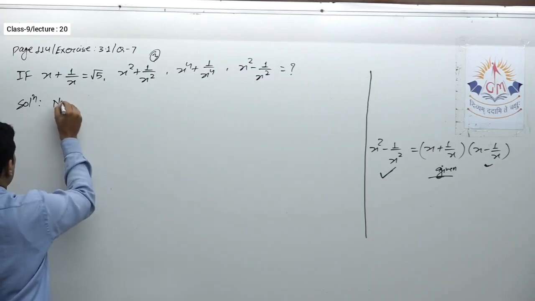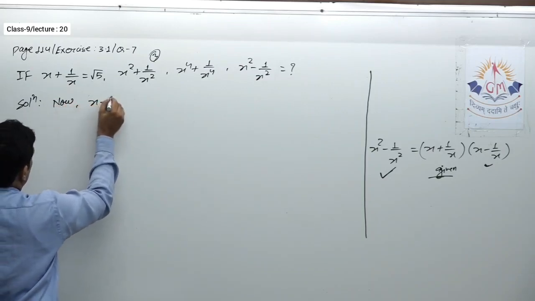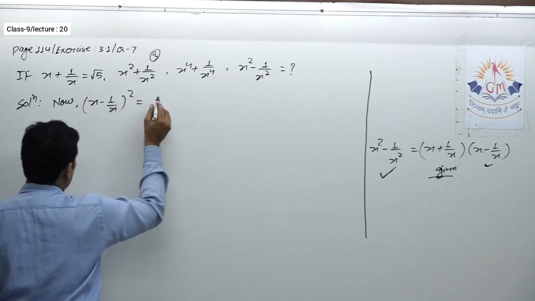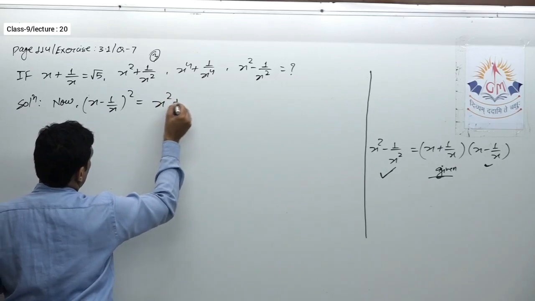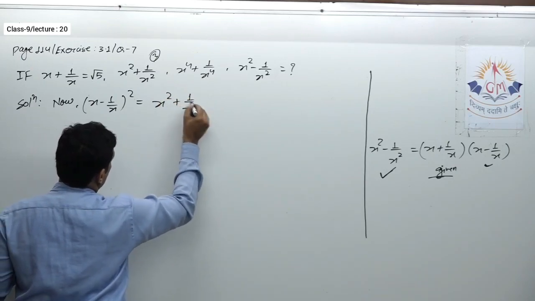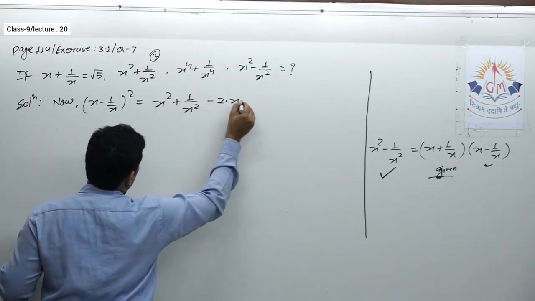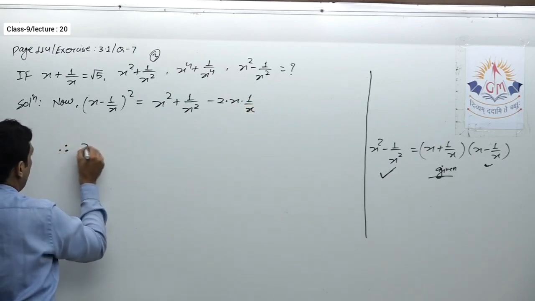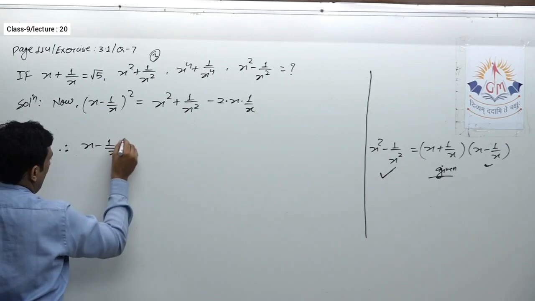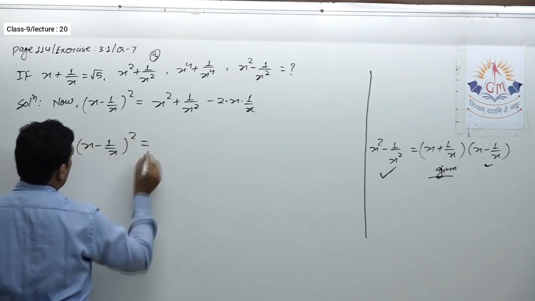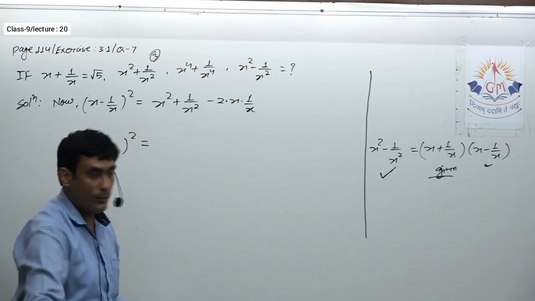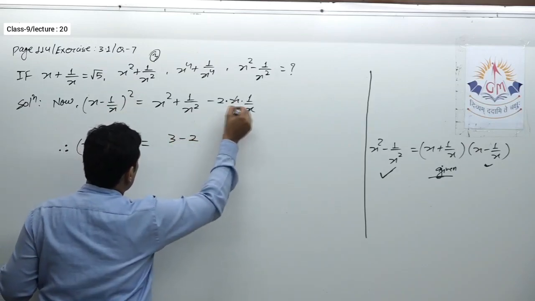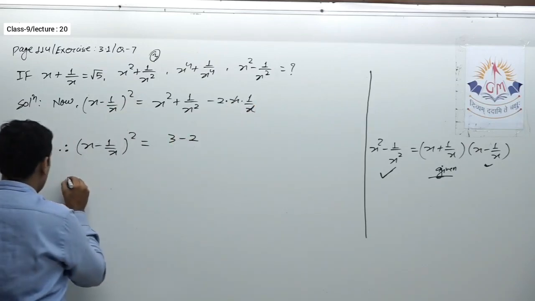So now x minus 1 upon x whole square is equal to a square plus b square minus 2ab. Therefore x minus 1 upon x whole square is equal to, see, x square plus 1 upon x square was 3, 3 minus 2, because this will cancel out.